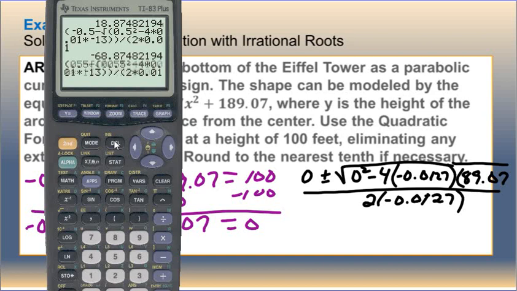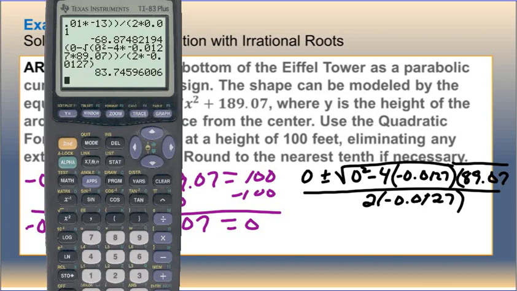If I just delete this part, put a 0 in, 0 minus 0 squared minus 4 times, this would be a negative 0.0127, times 89.07, in parentheses, divided by parentheses 2 times a negative 0.0127 in parentheses, and I get a solution of 83.7.